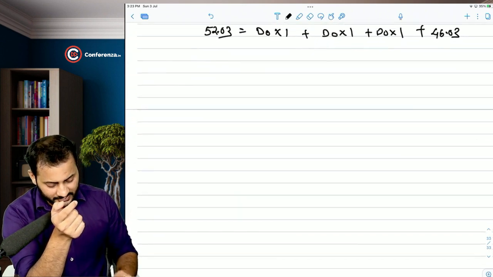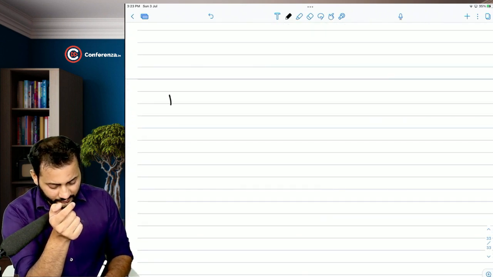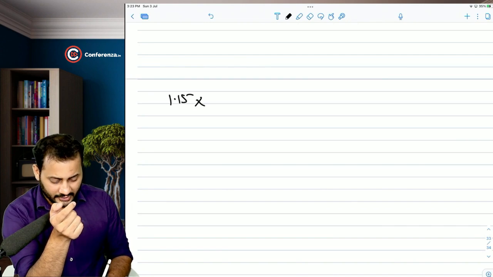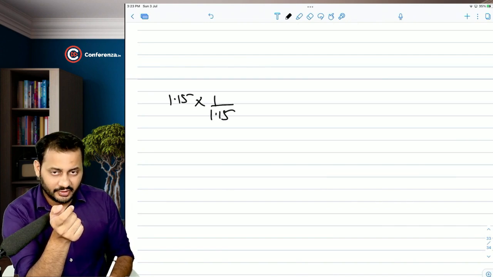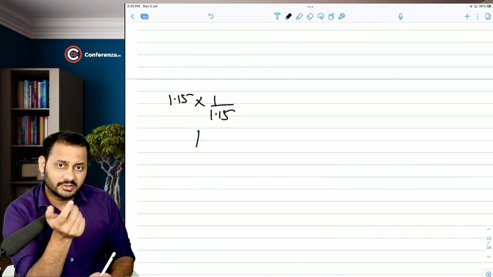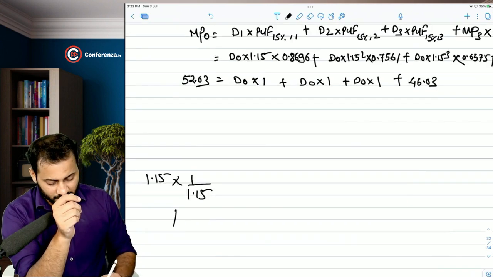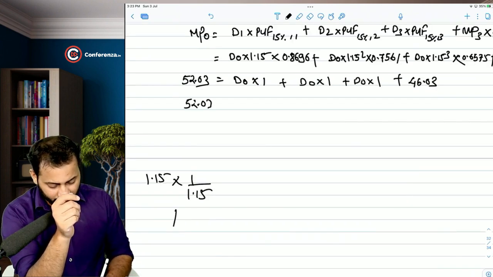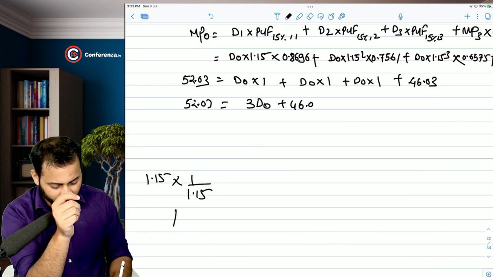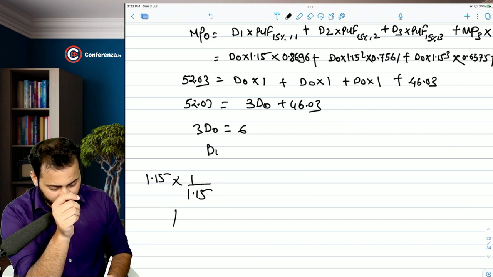That's the magic. If you do 1.15 for growth rate and 1 divided by 1.15 for discounting, the ultimate answer is 1. So 52.03 is equal to 3 into D0 plus 46.03, and 3 into D0 is equal to 6, D0 will be 2.